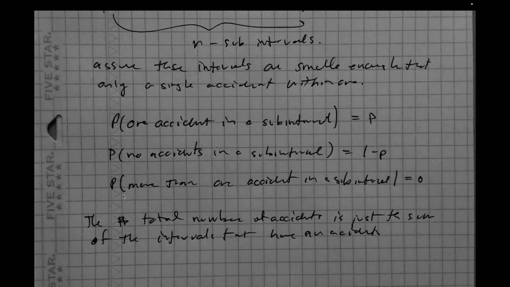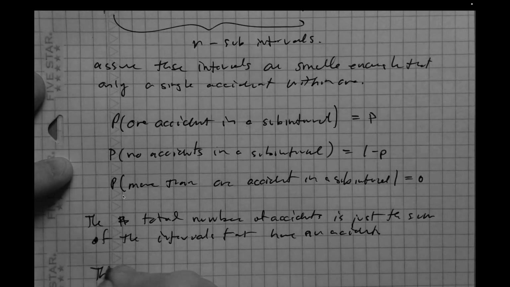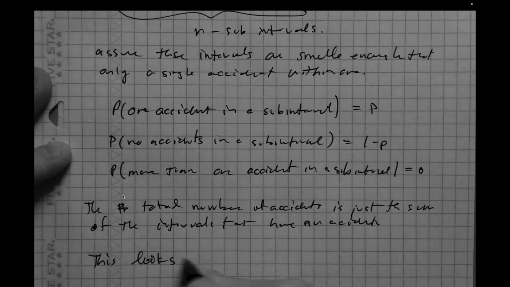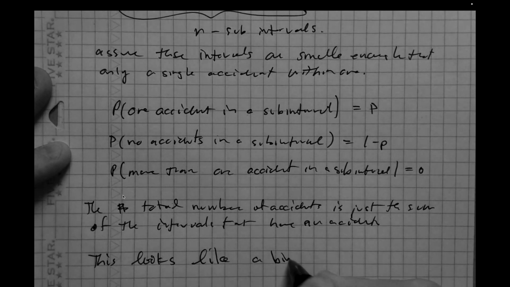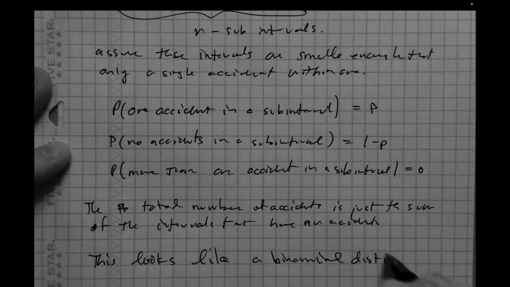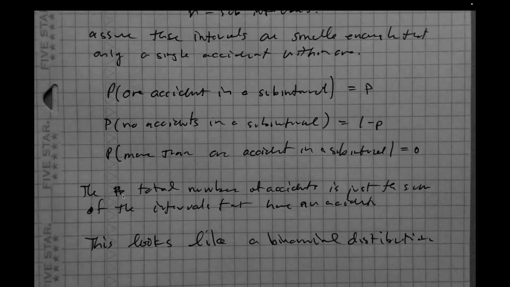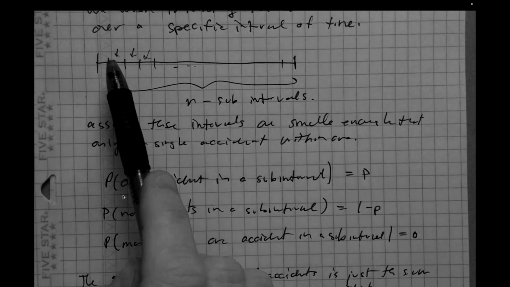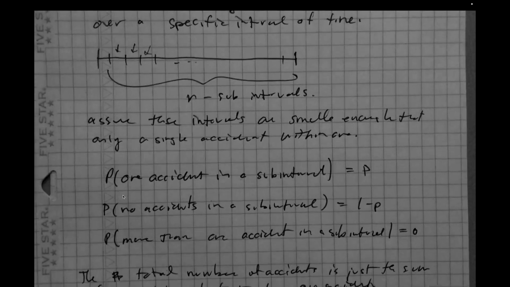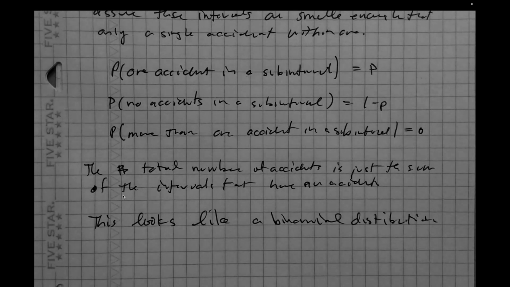Remember, a random variable with a binomial distribution counts the number of successes in n trials. Here we have n intervals, and we're interested in how many of them have an accident. So this looks like a binomial distribution.